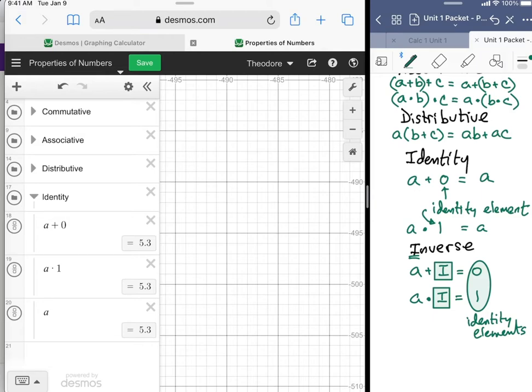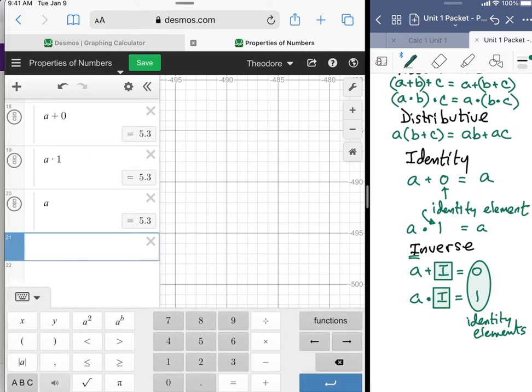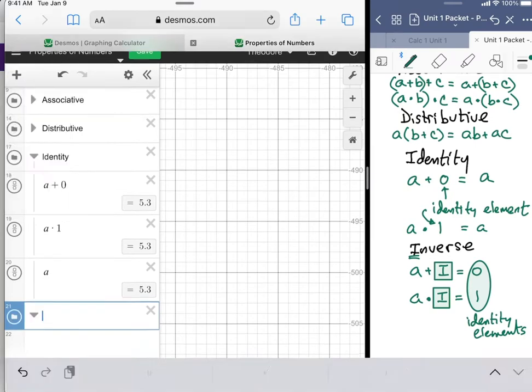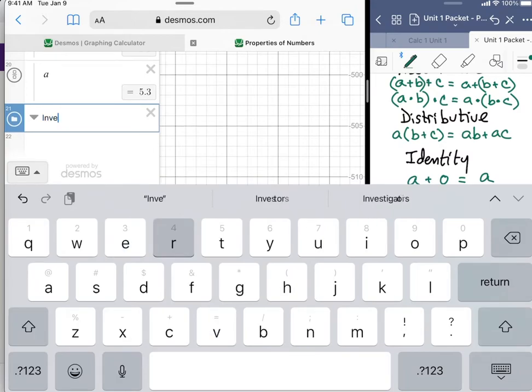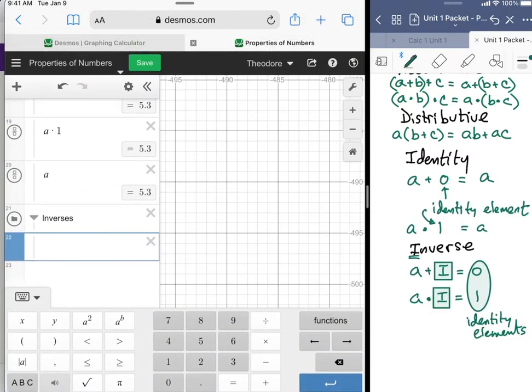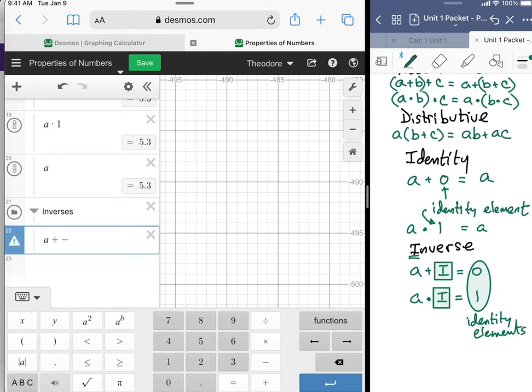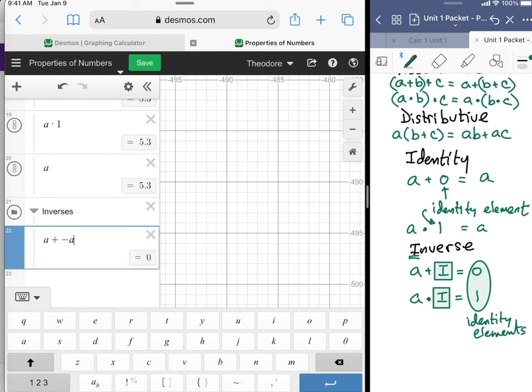So the additive inverse, I'll go with the folder, inverses. The additive inverse would be that A plus negative A is equal to 0. All right? Negative A is the inverse of A.